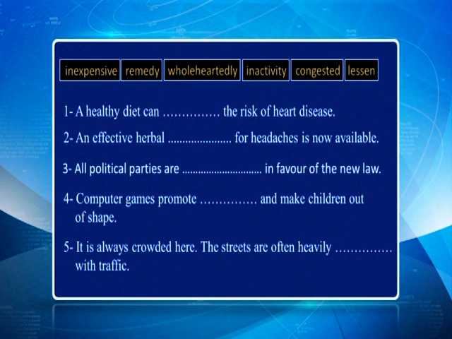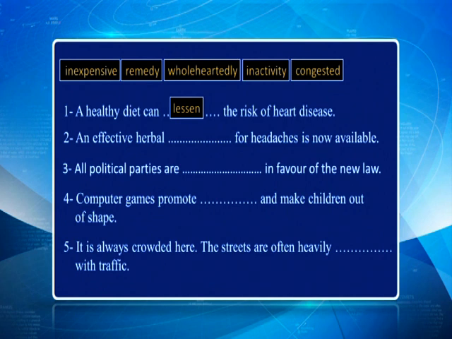So this way it will be easier for you. Number one, a healthy diet can blank the risk of heart disease. So here, after can, we need a verb, excellent. And the verbs we have here, only the word lessen. So you see that it's not difficult. So a healthy diet can lessen the risk of heart disease, that is reduce.